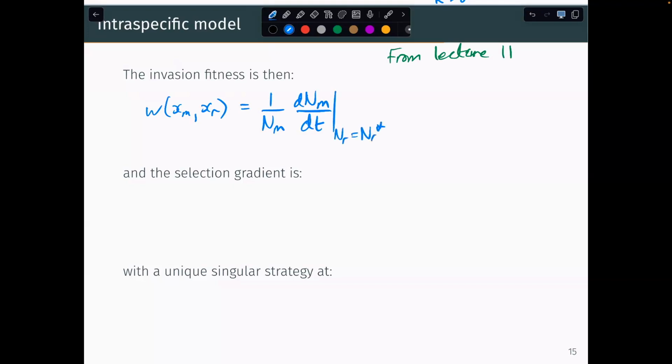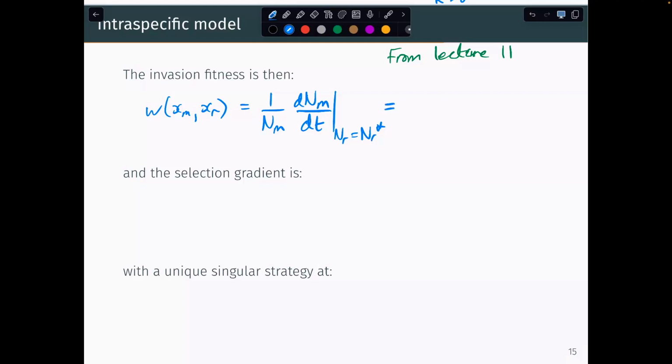I've included this evaluated at the resident equilibrium just to clarify that we're always evaluating this there. Typically, I don't write that down because it's implied.